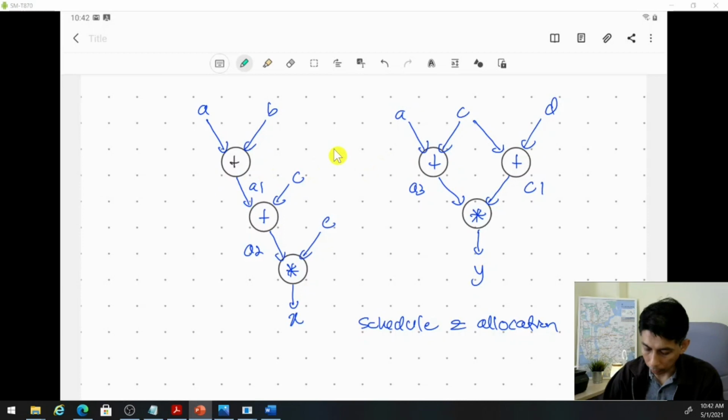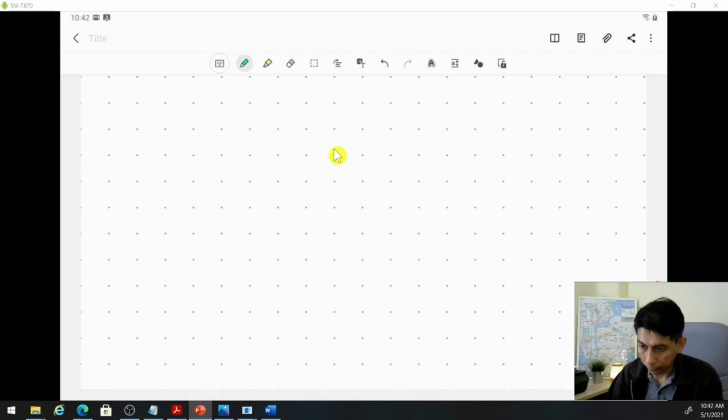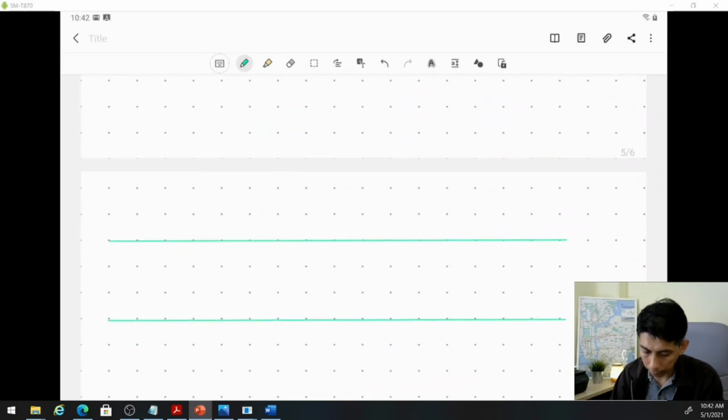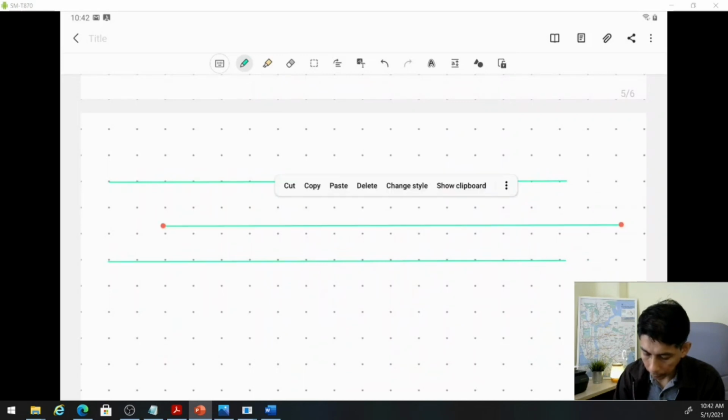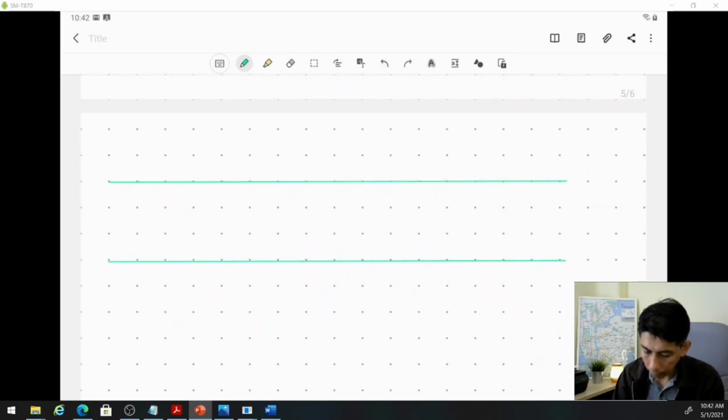So we can have something like this, where we need to allocate or transfer A to a register. In this case, we can have up to 3 additions, right?